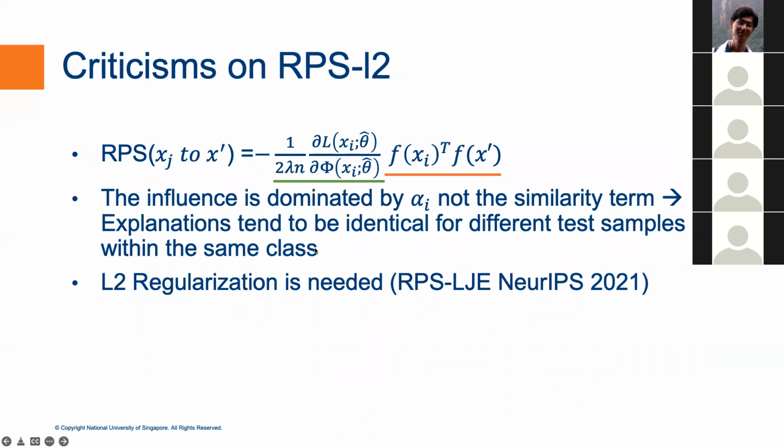In these formulas, maybe I raise a question. Are you still listening? Maybe I raise the question to Xiangling. Xiangling is still there, right? So maybe I ask the question to you. Ruofan is claiming that the inference is dominated by the alpha i, which makes all the explanations identical for different testing samples.